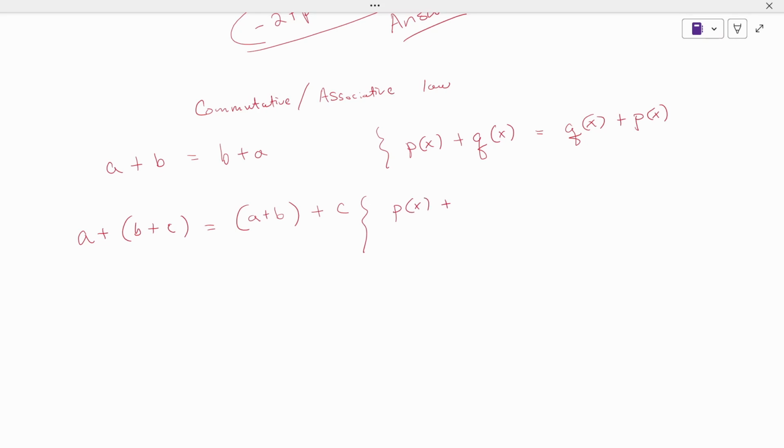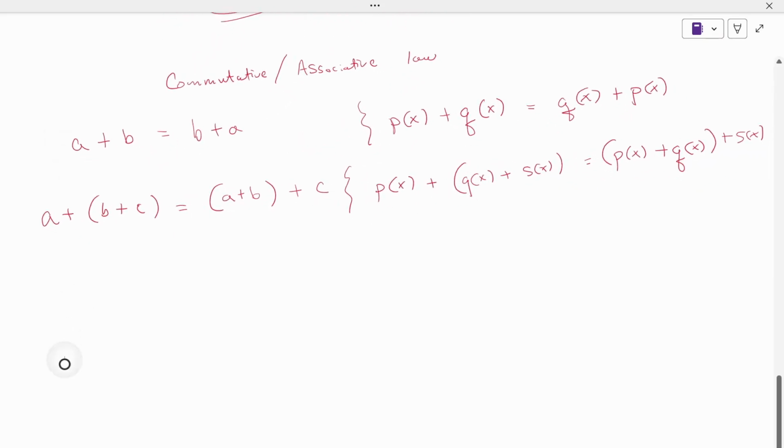When you have a polynomial added with the sum of 2 other polynomials, this is going to be the same thing as taking the first 2 polynomials and adding it with the third. It's just an interesting fact about polynomial expressions, and it starts to indicate that there's perhaps a deeper structure in play when we're talking about polynomials or numerical systems in general, which is very, very interesting when you get right down to it.